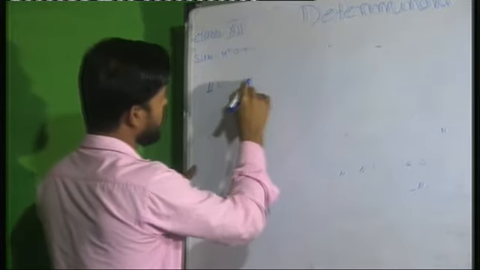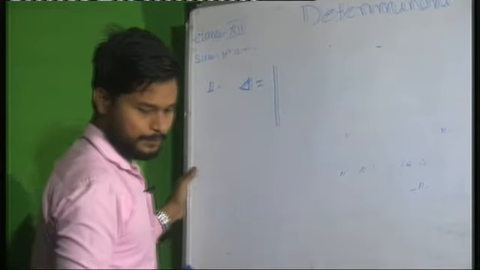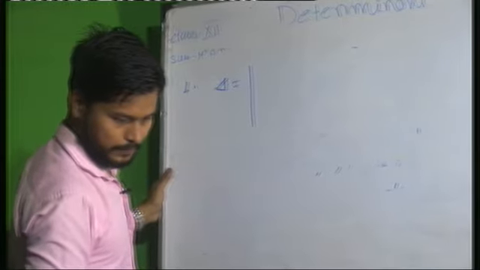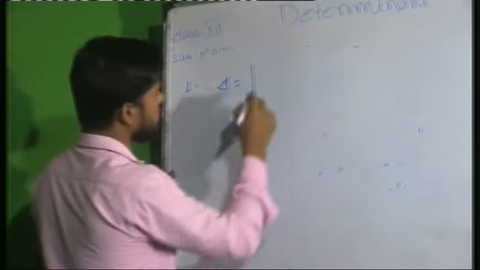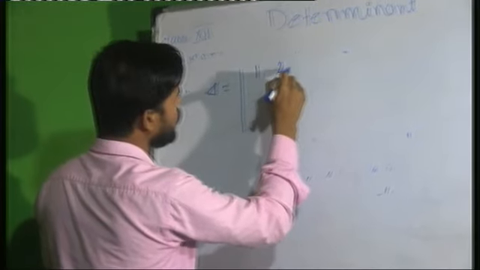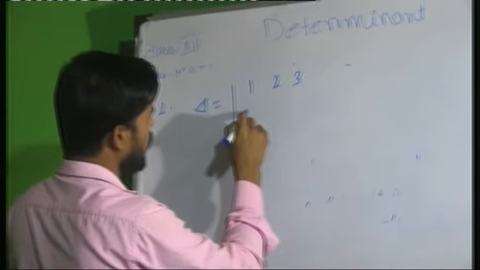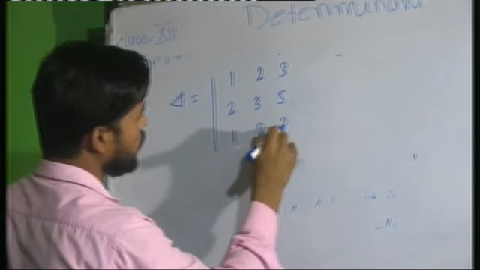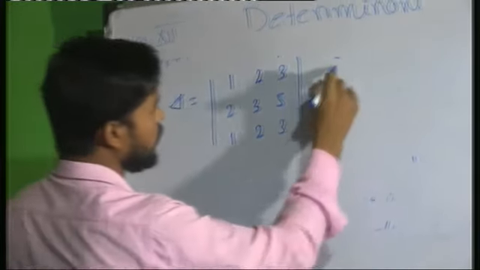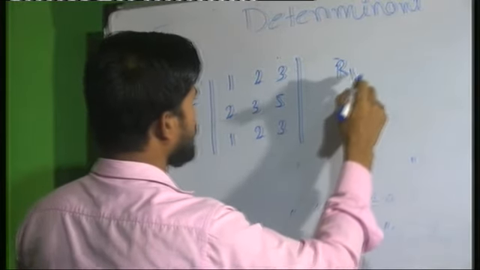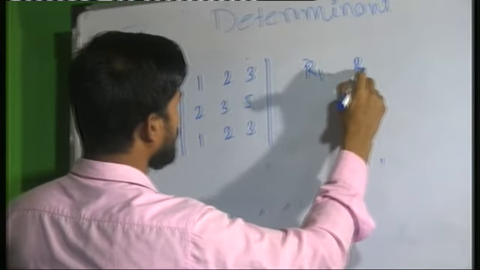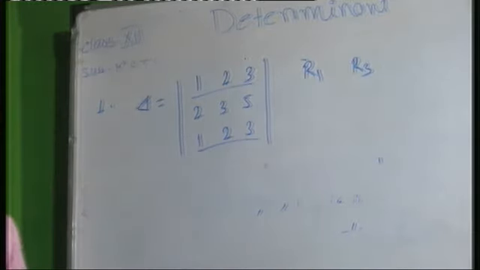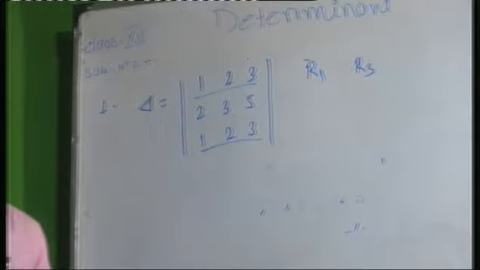Let us choose a determinant delta equal to, suppose, 1 2 3, 2 3 5, 1 2 3. Now you can see that row number 1 is identical with row number 3, means the first row is identical with the third row. So if I expand the determinant, the value will be 0.